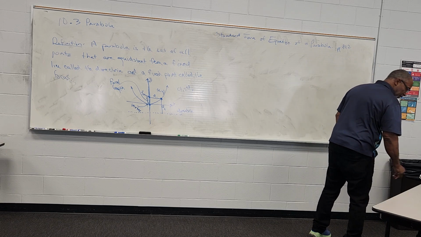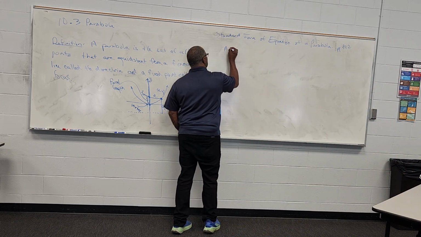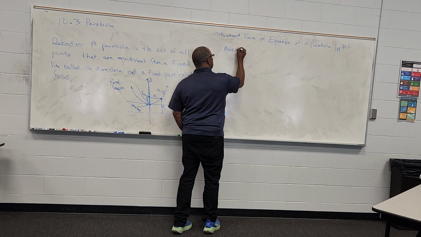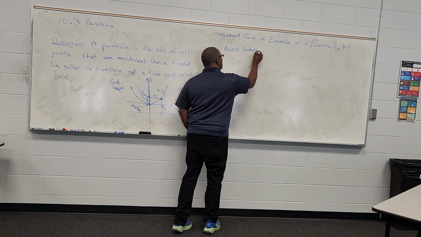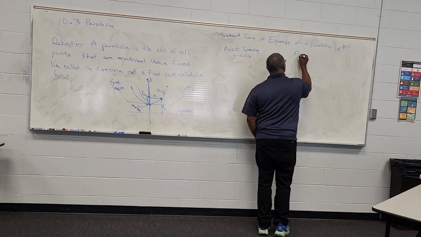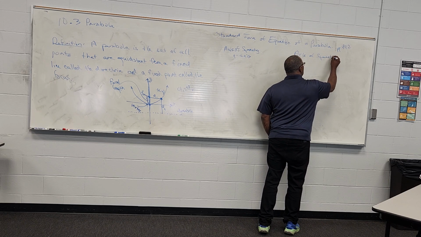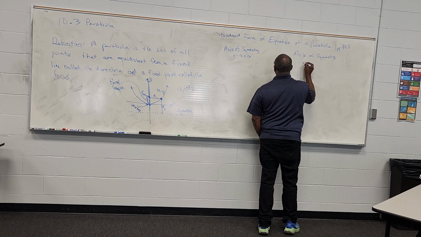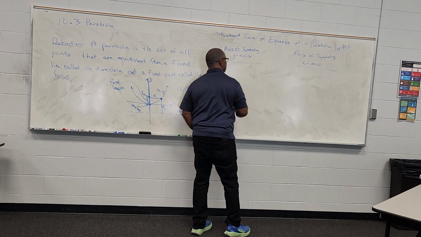If the axis of symmetry is the y-axis, that's one case. The second case is where the axis of symmetry is the x-axis. Those are the two cases we're going to consider.